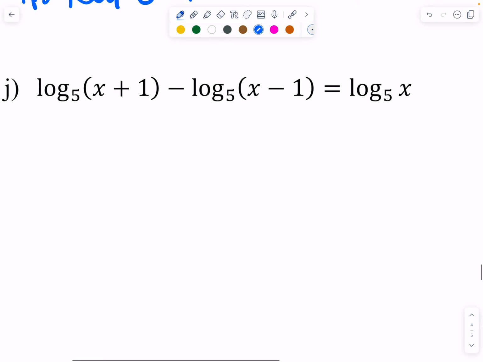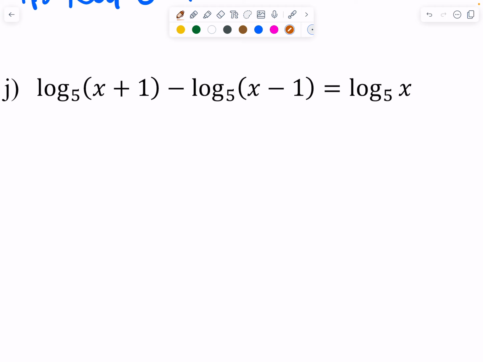Okay, multiple terms with log base 5. Can't use the one-to-one property until we have a single logarithm on one side. Now, we could just leave this equation written as is and use the quotient property for logarithms on the left-hand side.